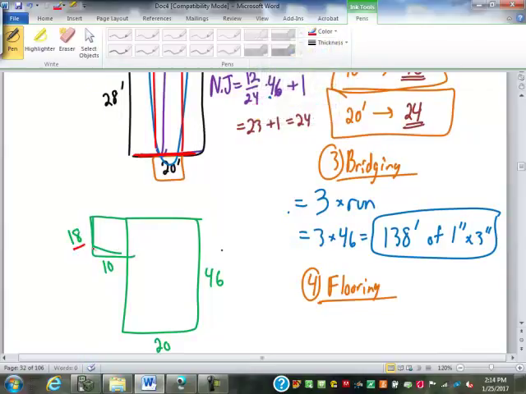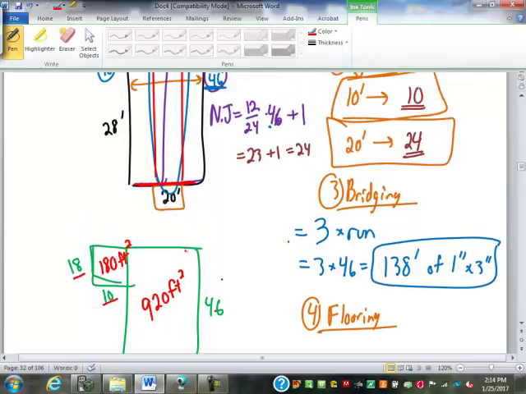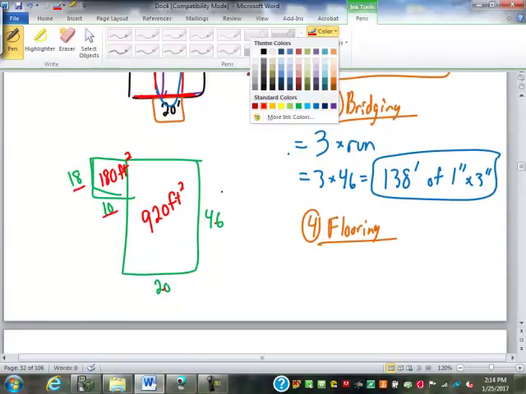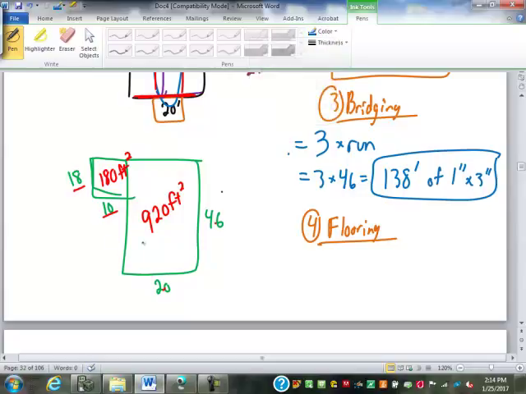Well, this one's easy. 10 by 18 is how many square feet? 180. Very good. Over here, 20 by 46 is 920 square feet. We add that up. 180 and 920 is 1,100 square feet.